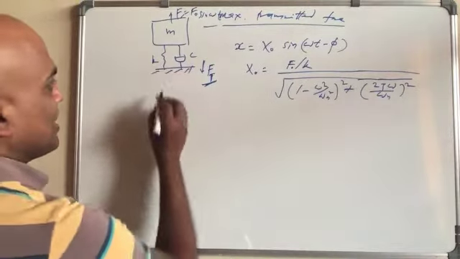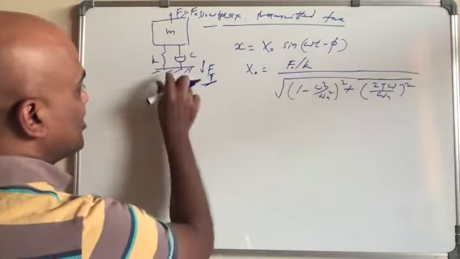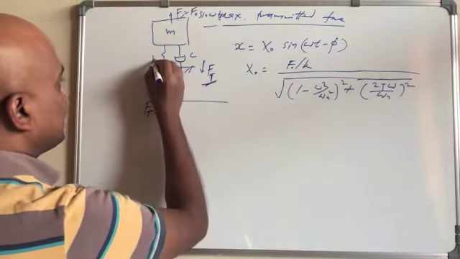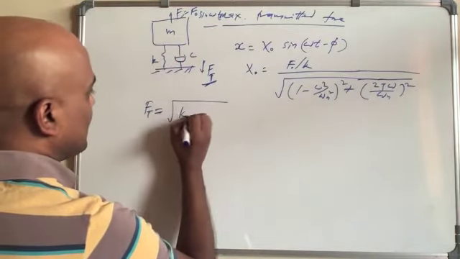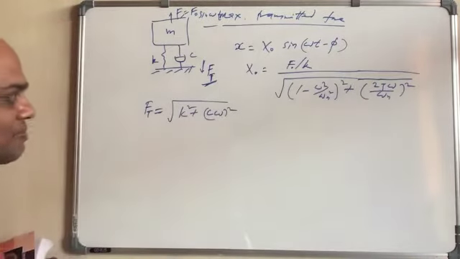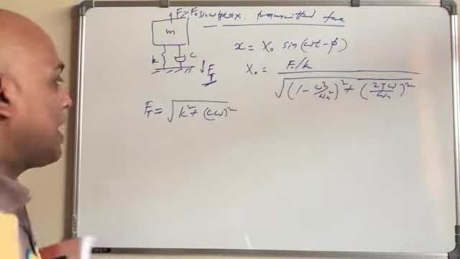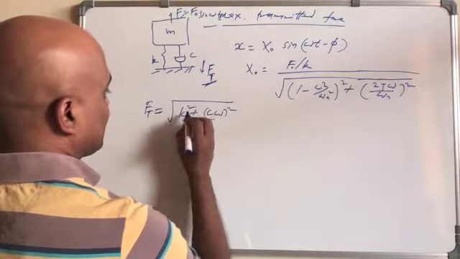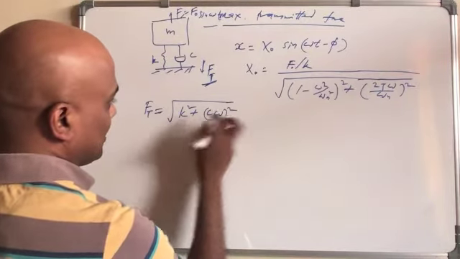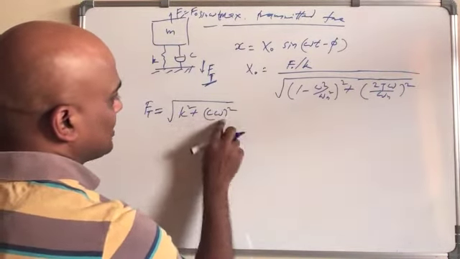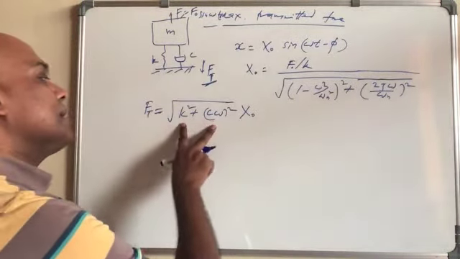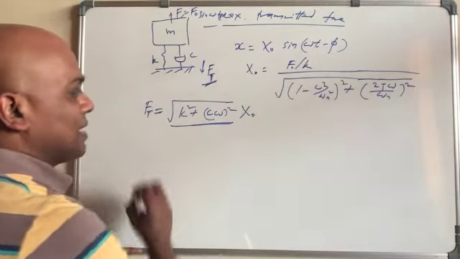Now the force transmitted is nothing but ft equal to root under k plus c omega square, because both of them are at right angle, multiplied by x. So this is like an equivalent stiffness multiplied by x naught.